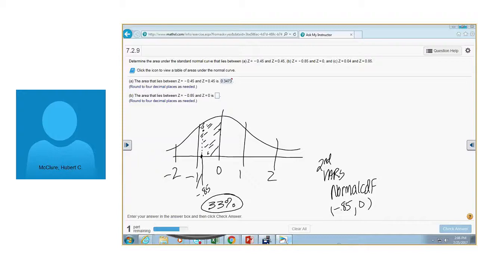Negative 0.85 to 0. 0.3023. So that's 30%. I said 33. So we type that in, 0.3023.